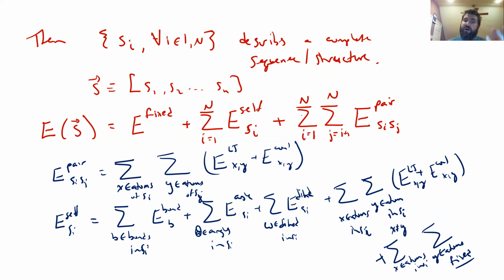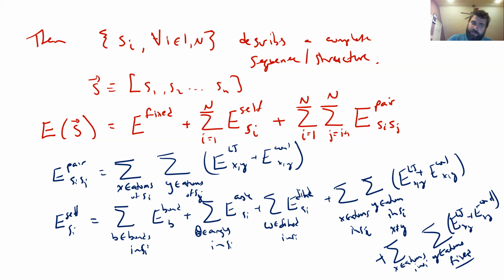That is, they are not in another side chain. They're part of the backbone or other constraints. And again, this piece also has a Lennard-Jones and a Coulombic piece.